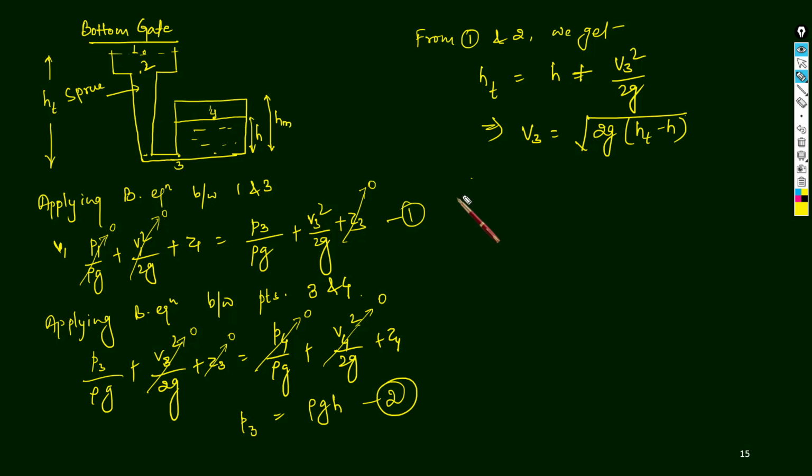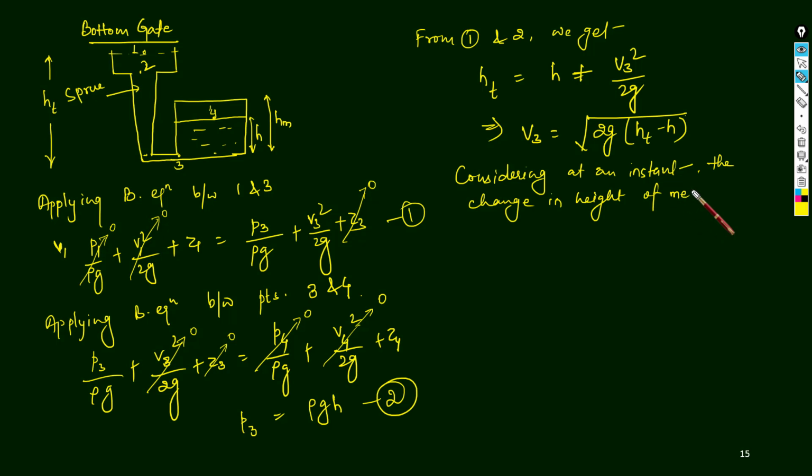So let us consider, at any instant of time, the change in height of metal inside the mold cavity is dh in the interval dt.